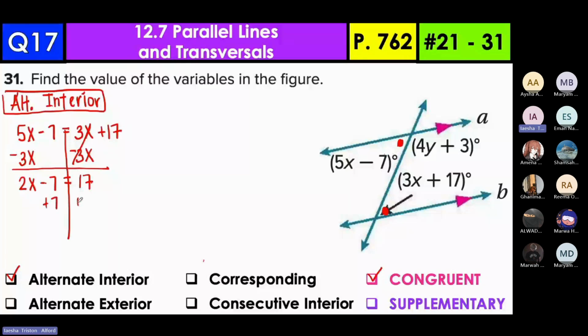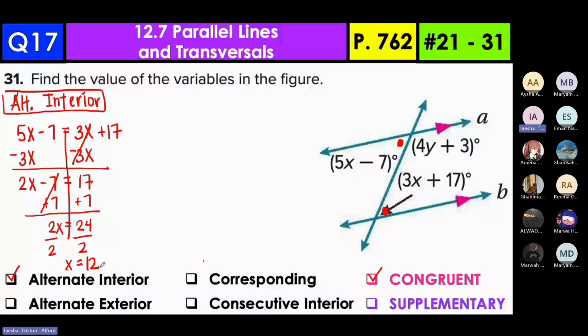Add 7 both sides. This is 0. 2x is equal to 24. Divide 2, divide 2, x is 12.